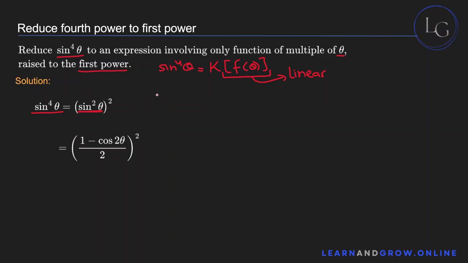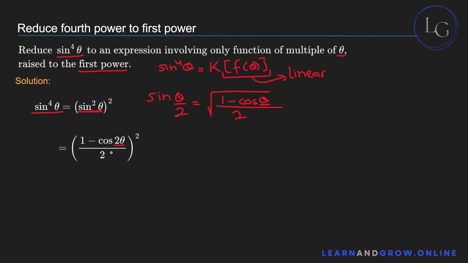It's because sine theta by 2 is equal to under root of 1 minus cos theta over 2. And so now instead of this theta by 2 you have theta, so obviously instead of this theta you'll have 2 theta.